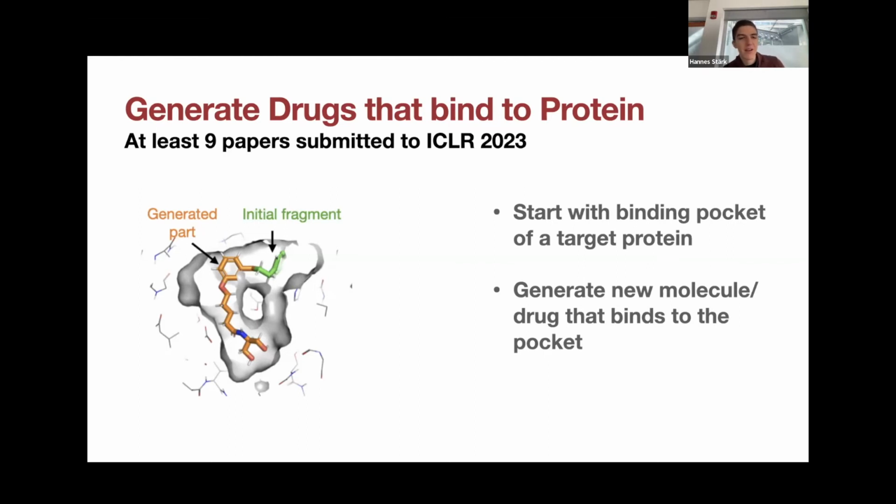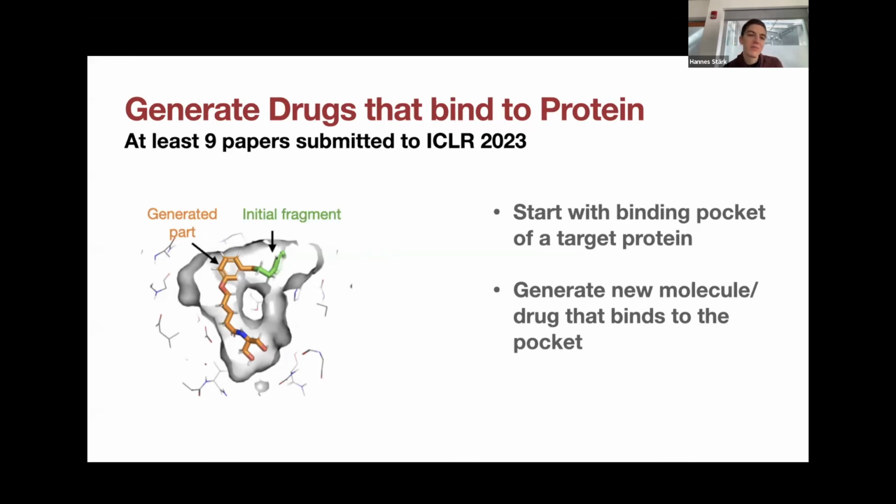And what many papers now did, as I wrote here, 9 papers submitted to ICLR 2023. So there recently was the deadline of one of the 3 big machine learning conferences, ICLR.